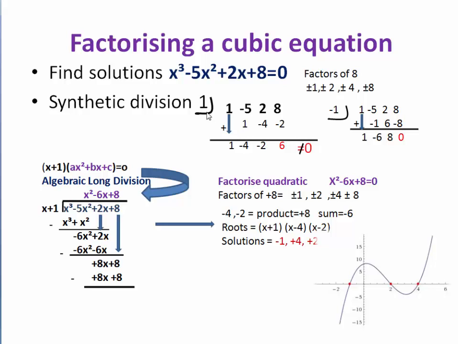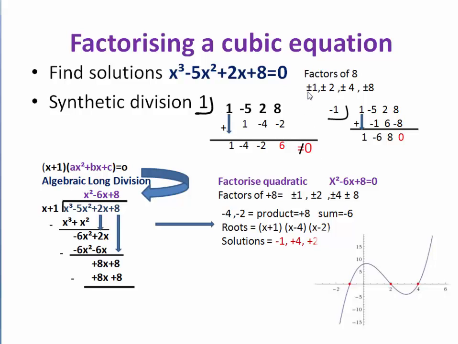Minus 2 times 1, minus 2, put it here. 8 plus minus 2 is 6. Now 6 doesn't equal 0, so 1 is not a factor, or x minus 1 is not a root.